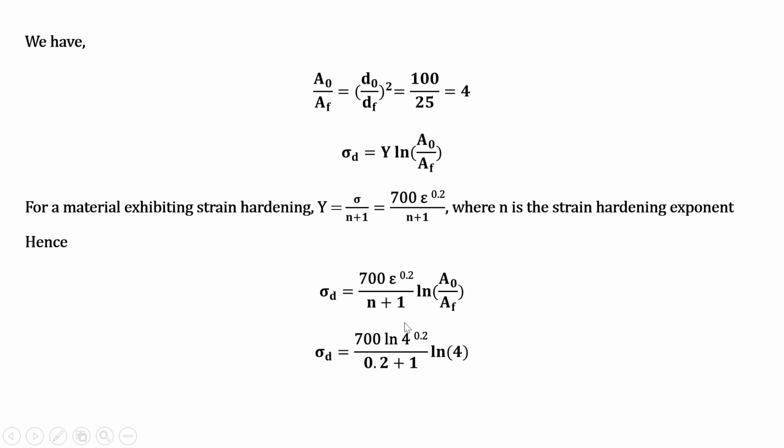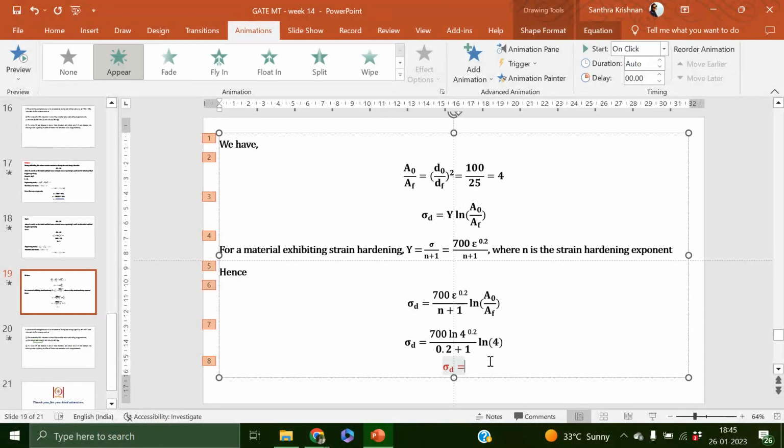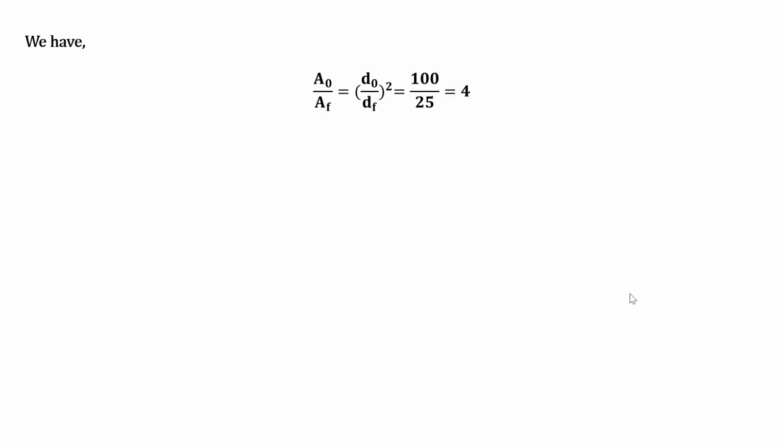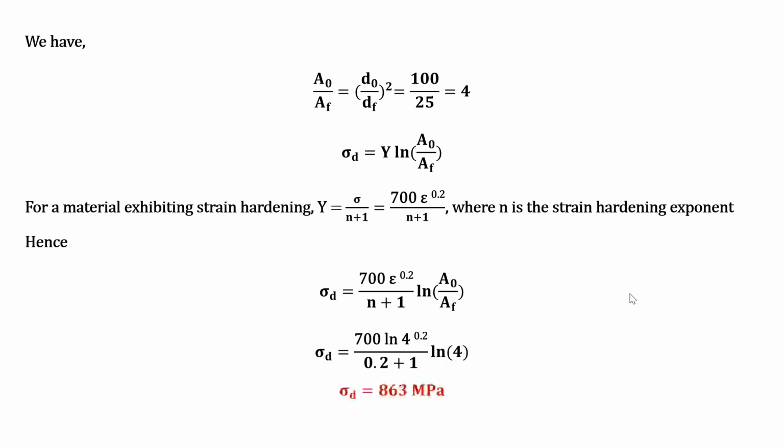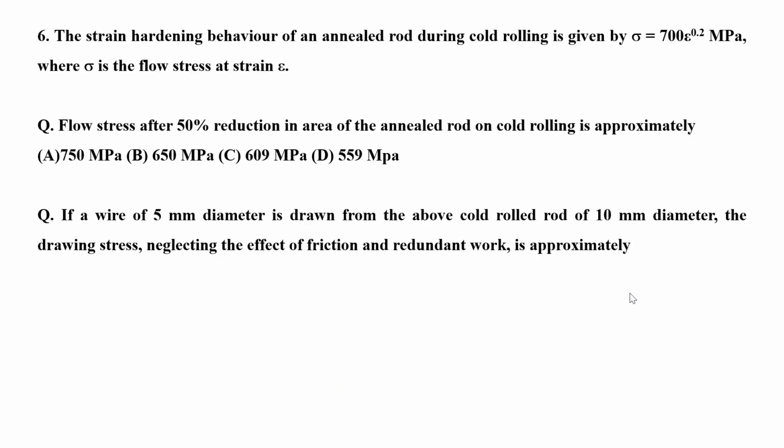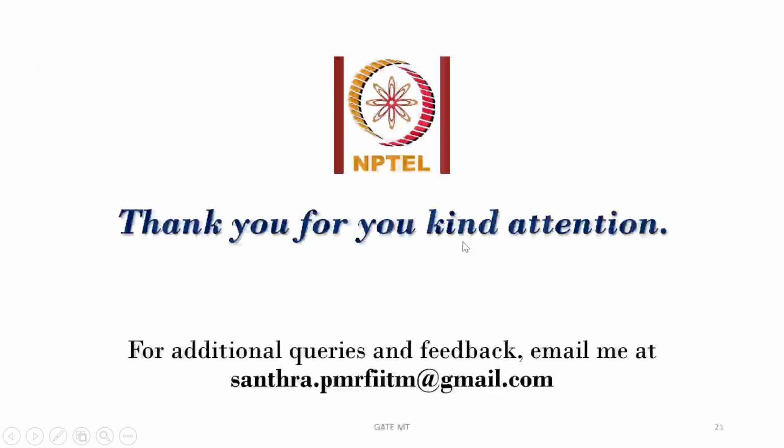Subramanian, can you just please dictate the answer that you got again finally? 863. Okay. Yeah. So this is the final answer. So we got 650 for the first set, and this one you'll be getting somewhere around 853.